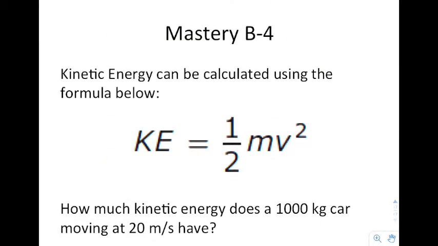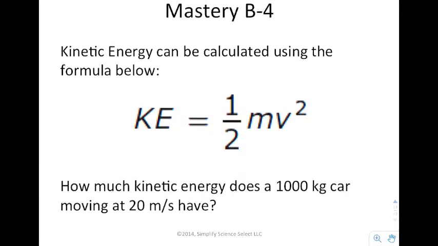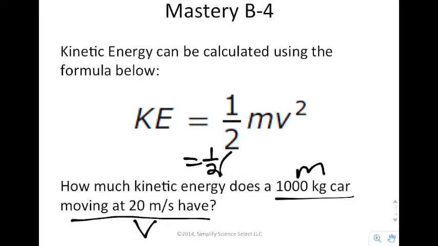Finally, it says kinetic energy can be calculated using the formula below. How much kinetic energy does a 1,000 kilogram car moving at 20 meters per second have? So you would say, okay, this is my mass, this is my velocity, and I would plug in. I would say 1/2 the mass, which is 1,000, times my velocity, which is 20, and that 20 is squared.